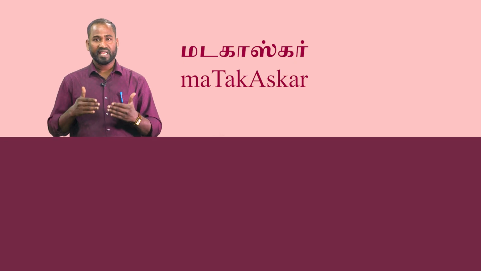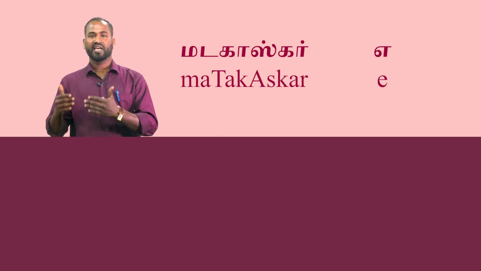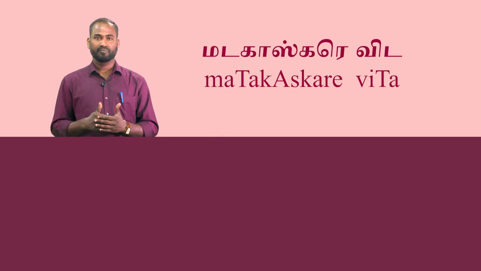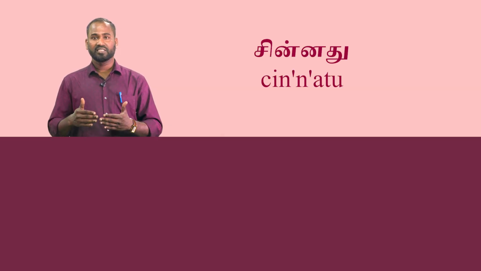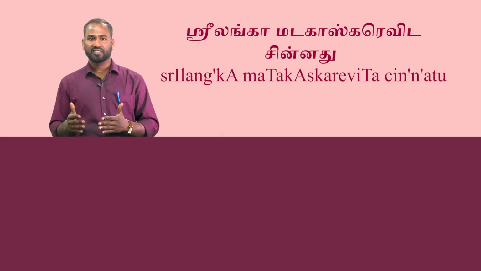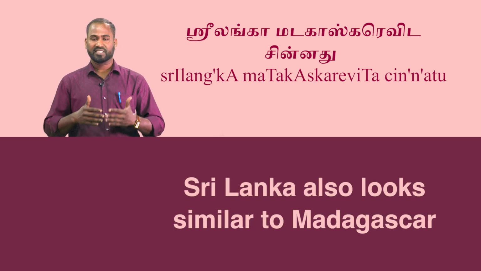Since Madagascar ends with a consonant, the objective case marker ai is added, forming Madagascarai. Adding vida after that gives Madagascarai vida, which indicates the comparison. Finally, the adjective noun chinnadhu completes the sentence. So, the full sentence Sri Lanka Madagascarai vida chinnadhu means Sri Lanka is smaller than Madagascar.